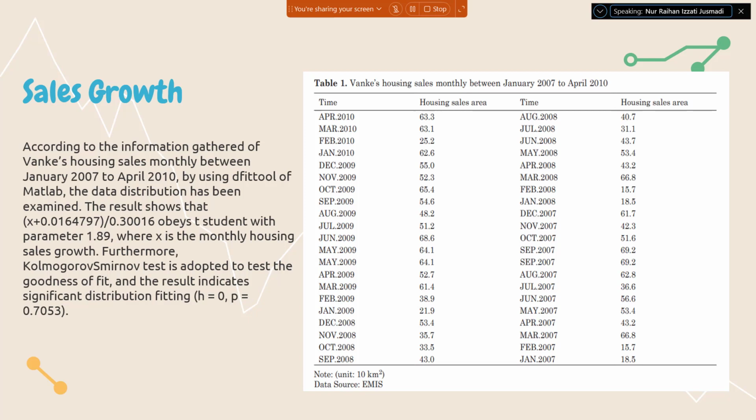The result shows that (x + 0.0164797) / 0.30016 obeys a t-Student distribution with parameter 1.89, where x is the monthly housing sales growth. Furthermore, the Kolmogorov-Smirnov test is adopted to test the goodness of fit, and the result indicates significant distribution fitting. H is equal to 0, P is equal to 0.7053.